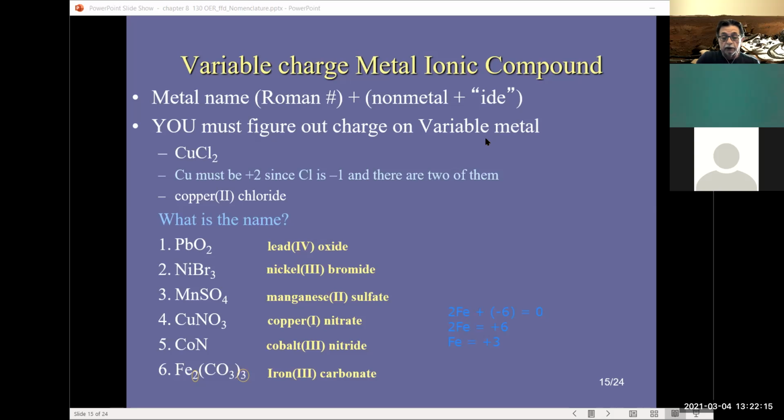Now, bear in mind, we just did specific examples, but we can take the lead example and hook it up with the bromide, the sulfate, the nitrate, the nitride, the carbonate, and do the same with the nickel. Nickel with the oxide, nickel with the sulfide, nickel with the nitrite, nickel with the nitride, nickel with the carbonate, and so on and so forth.